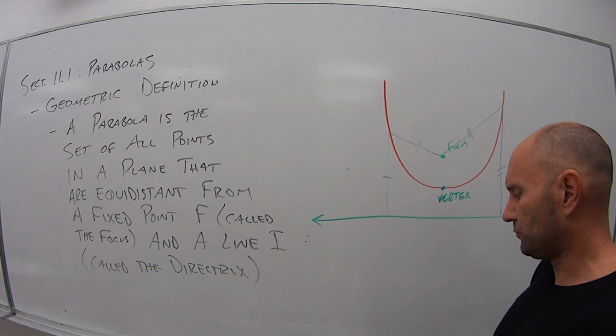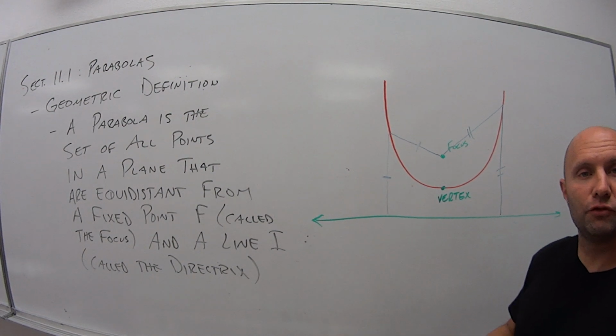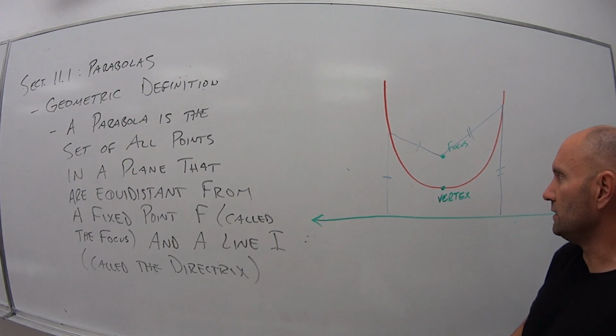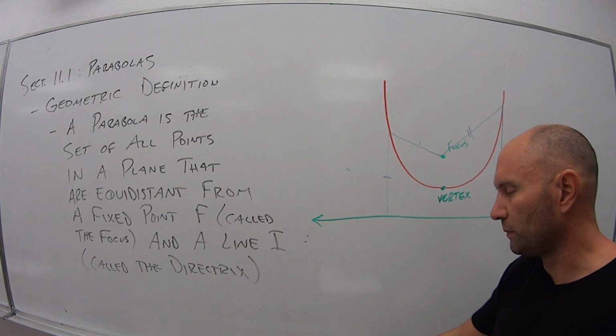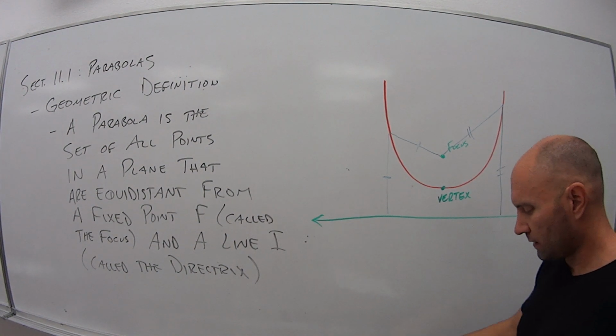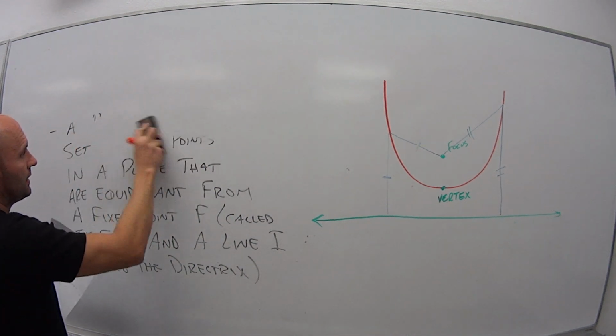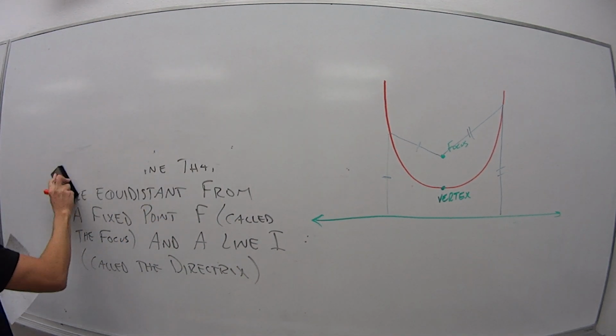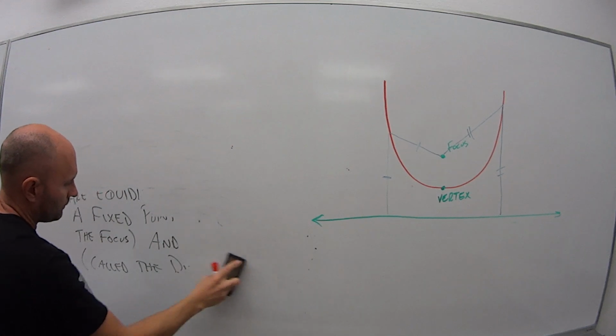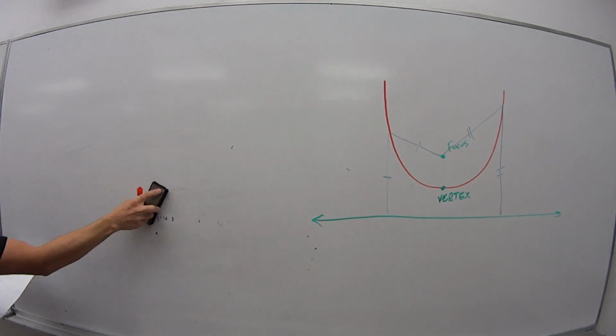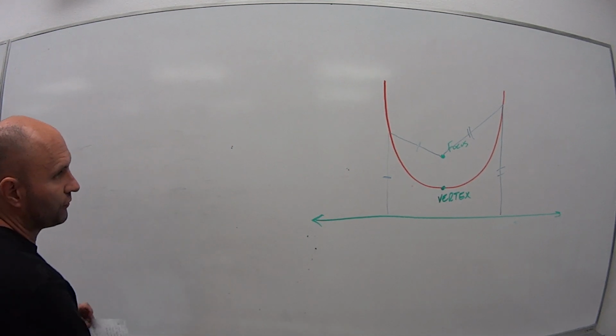And as I said, in 11.1, 11.2, 11.3, the vertex will be centered at the origin. So, I'll give you guys this information now. The parabola with the vertical axis is what you guys are used to seeing.